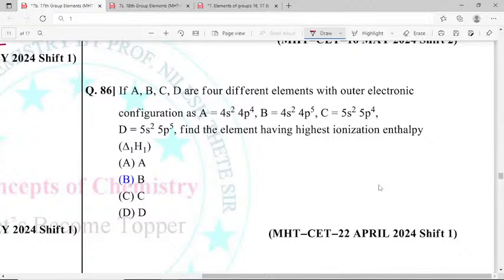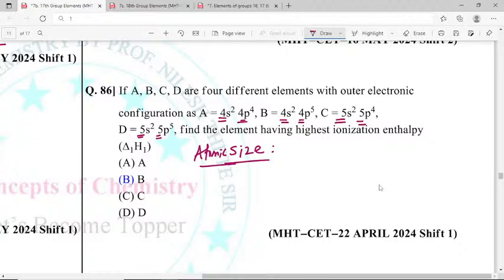A, B, C, D are 4 different elements with outer electronic configuration. Two of them have 4s2, so it is the fourth period, and two are the fifth period. I am talking about size. Which has the larger atomic size? Find out the atomic size order.